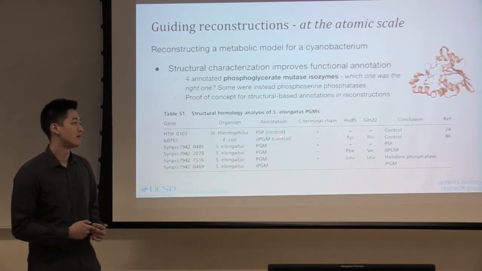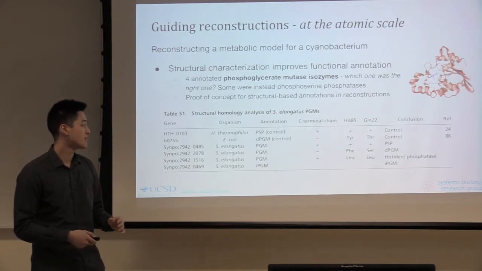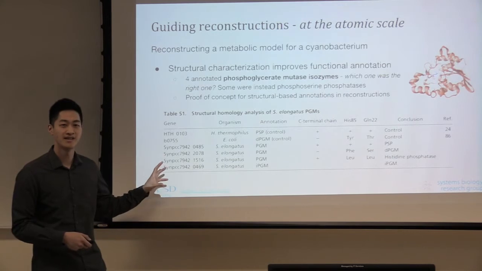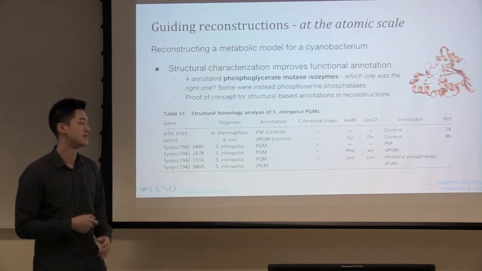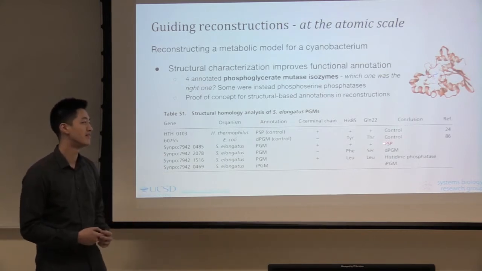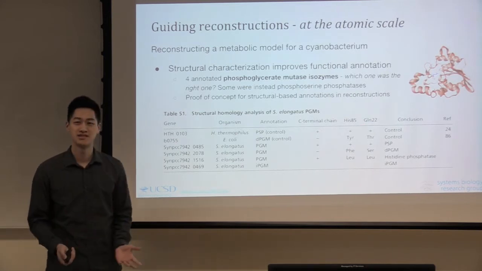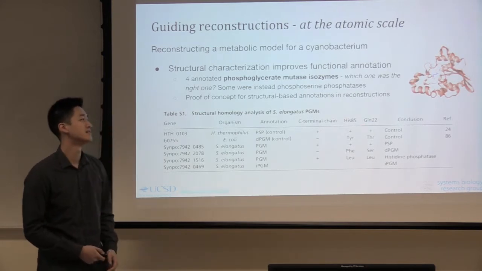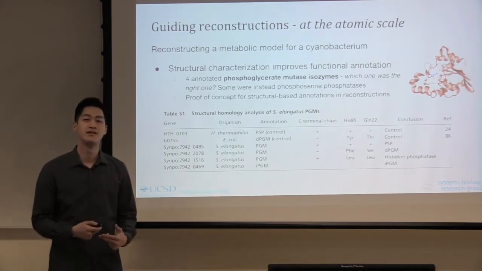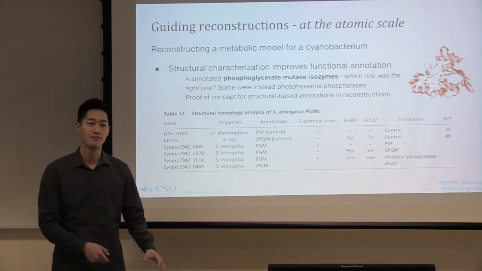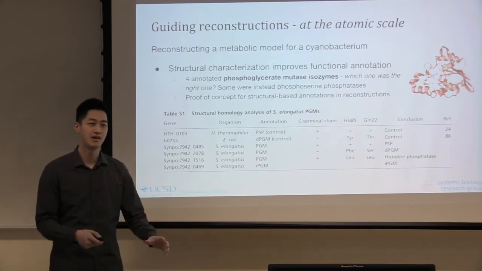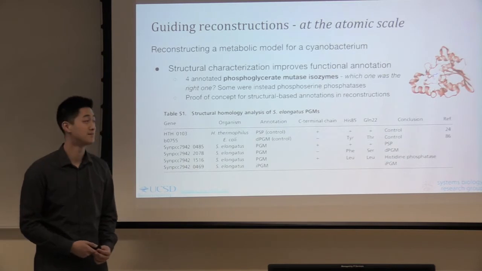And by doing that, we were able to separate the function of these all similarly annotated enzymes into specific functions defined by the locations in space of these residues. And so that allowed us to more confidently place these enzymes within a metabolic network in terms of their catalytic activity.